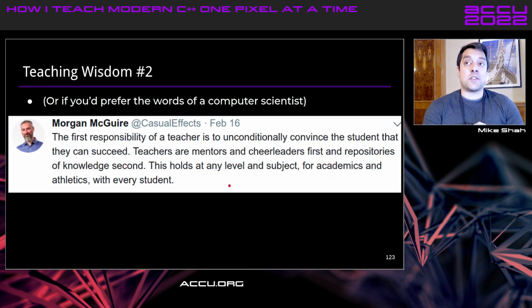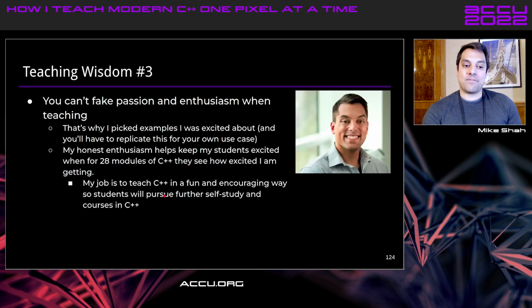Again, I find that to be true. My job is to be excited and to guide the students as they learn and spread my enthusiasm for whatever I'm teaching. So I think Morgan captures it well here. For me, you can't fake the passion and enthusiasm when teaching, though. What if I'm teaching this course and I don't want to or whatever?